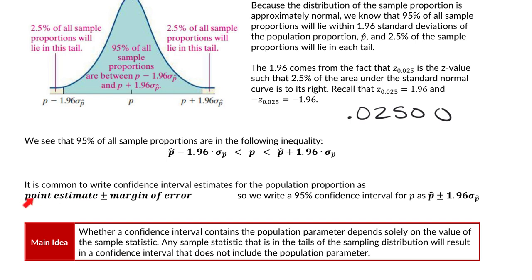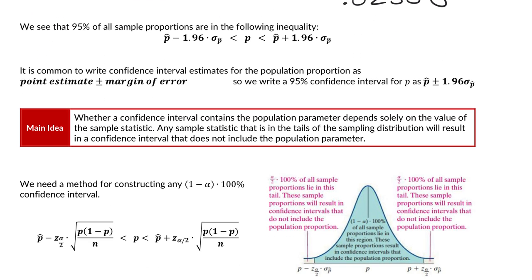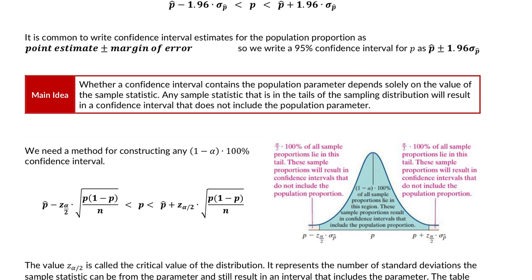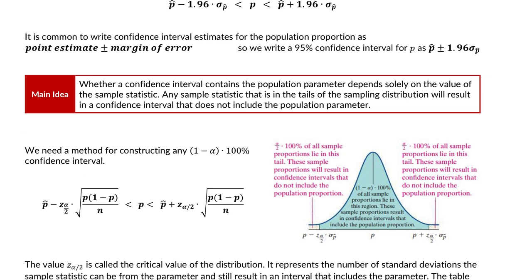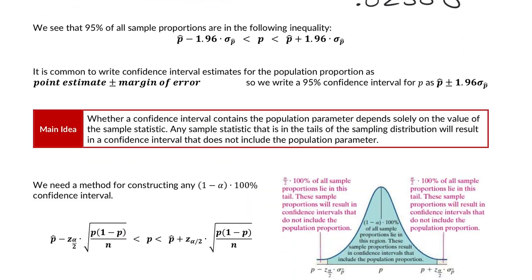So again, it's like the point estimate plus or minus the margin of error. Whether a confidence interval contains the population parameter depends solely on the value of the sample statistic. Any sample statistic that is in the tails of the sampling distribution will result in a confidence interval that does not include the population parameter. That was not what was colored in here on our scale.